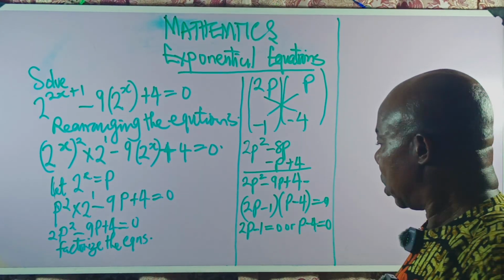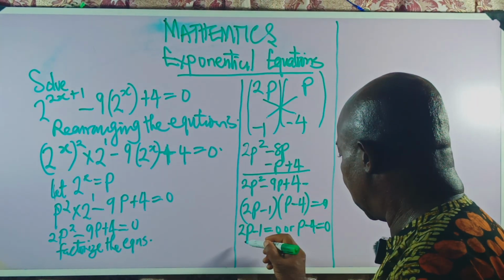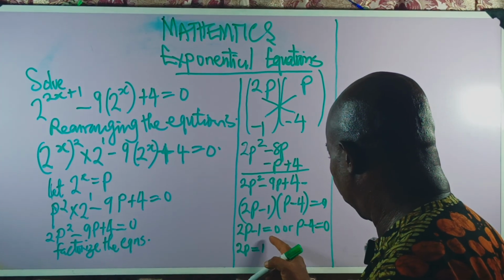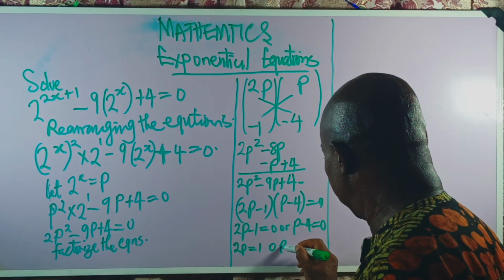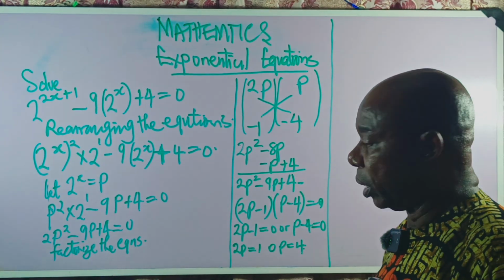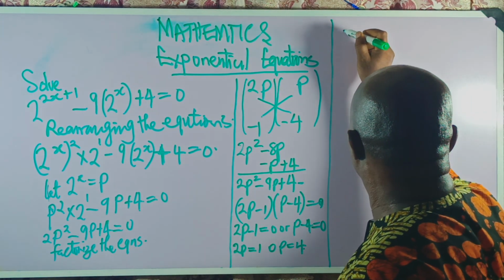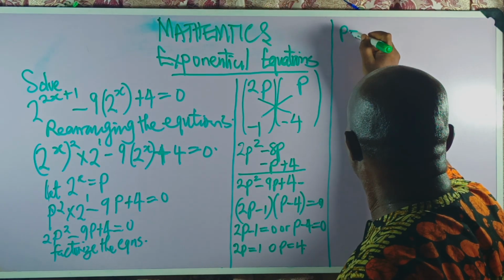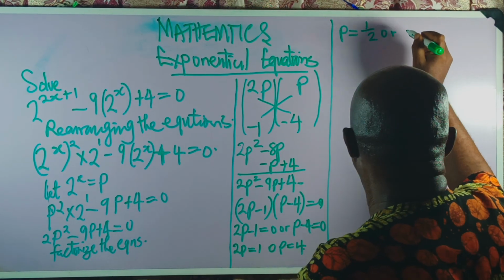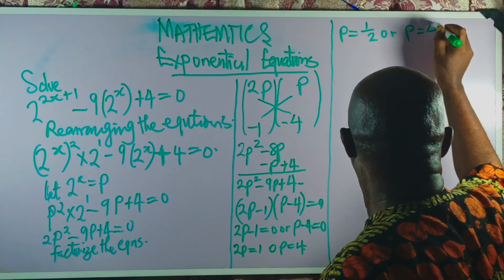I will take it from here. It can be that 2p is equals to 1, or that p is equals to 4. Then in this case, p will be 1 over 2, or p is equals to 4.